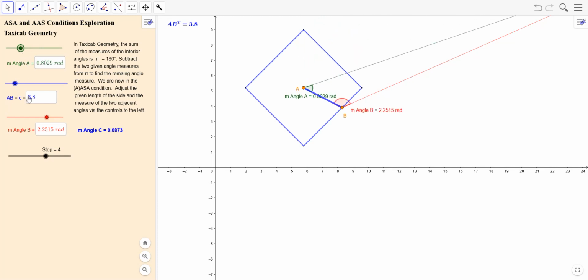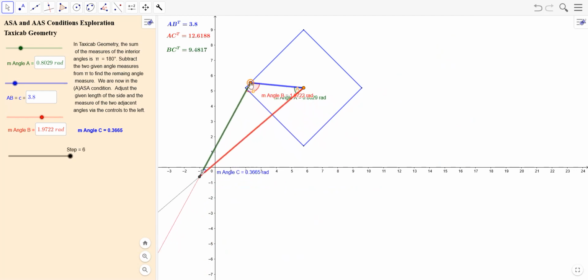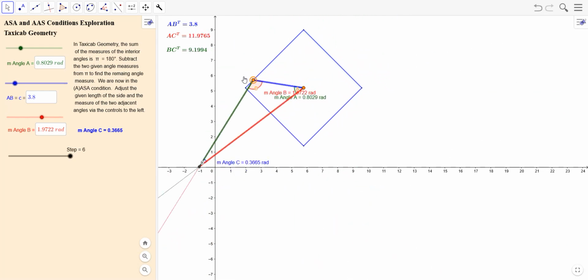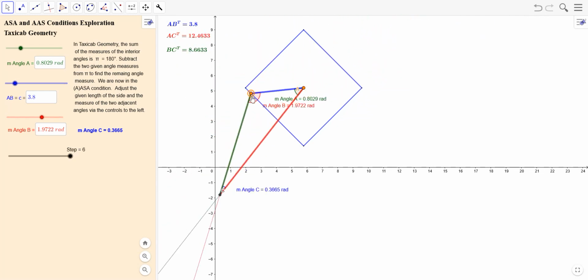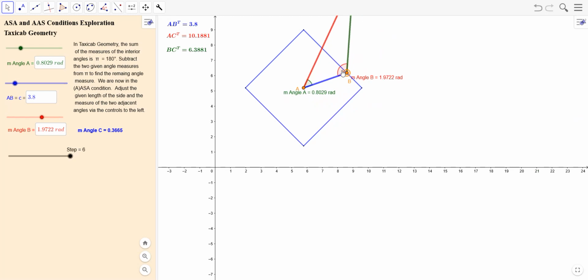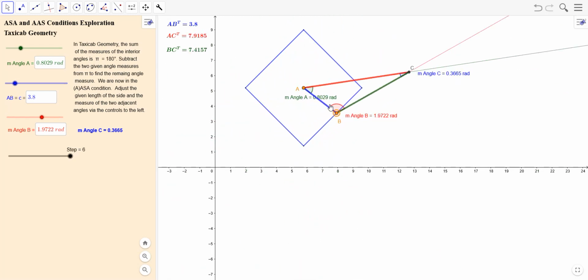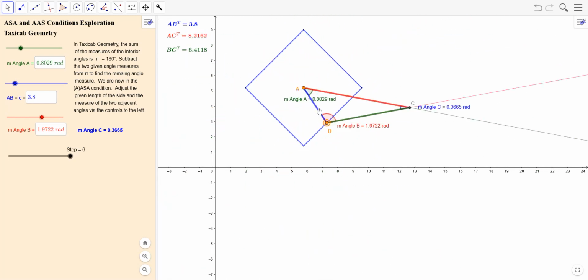But if the two given angle measurements sum to less than pi, then you will have a triangle, but it could have all kinds of different classes. All of those will have the same angle measurements. They'll all have this same length for the one given side, but there are infinitely many different possibilities for the congruence classes as you go around.